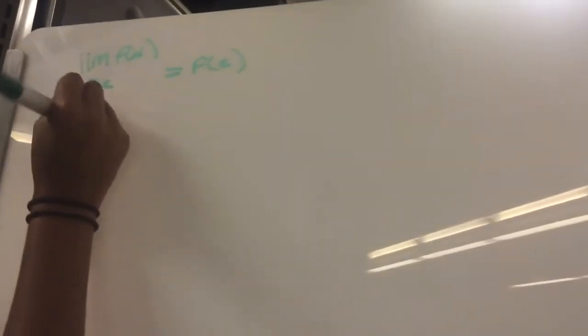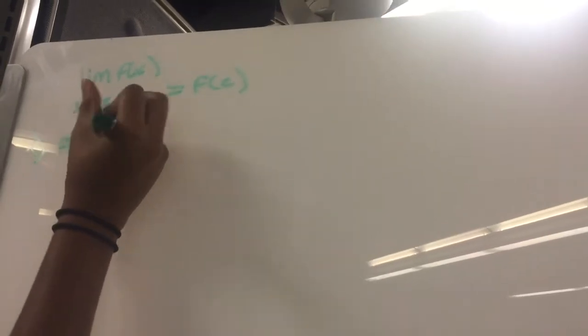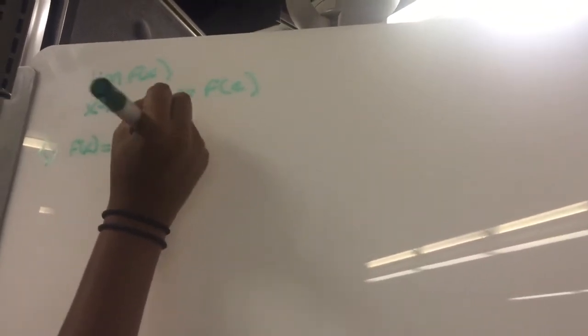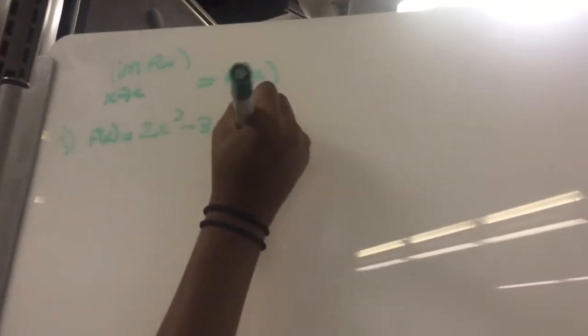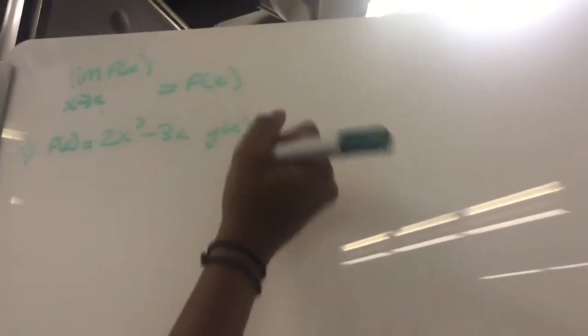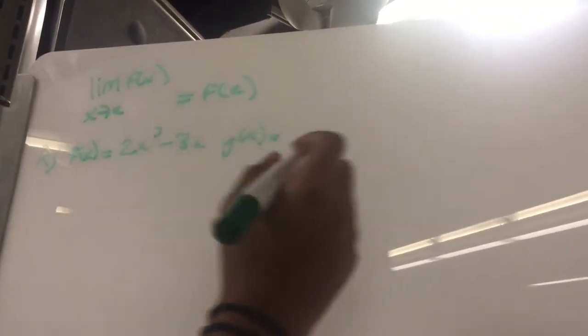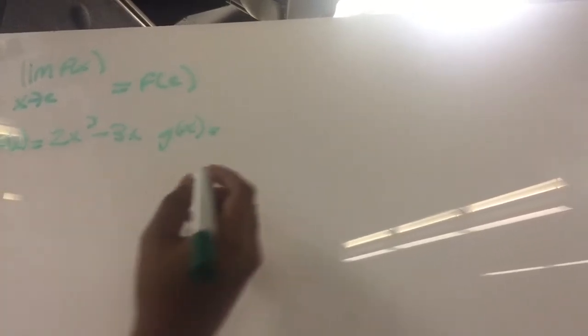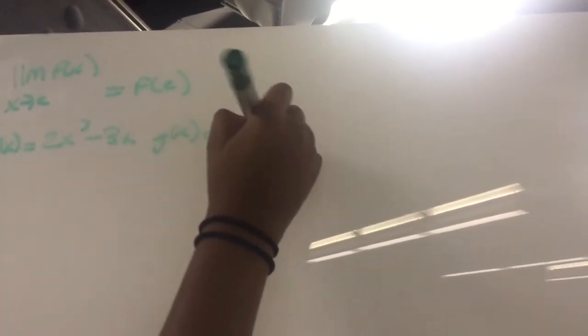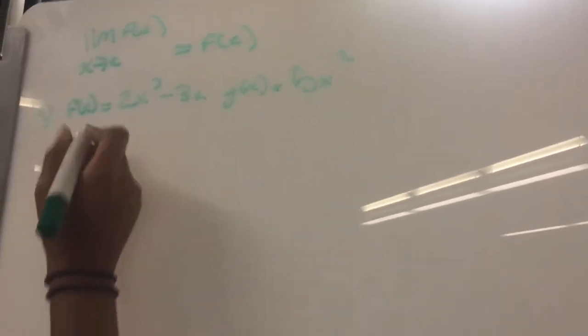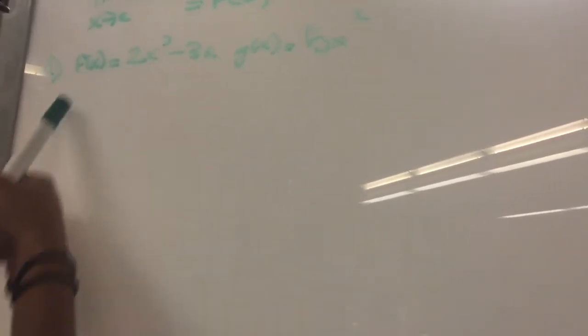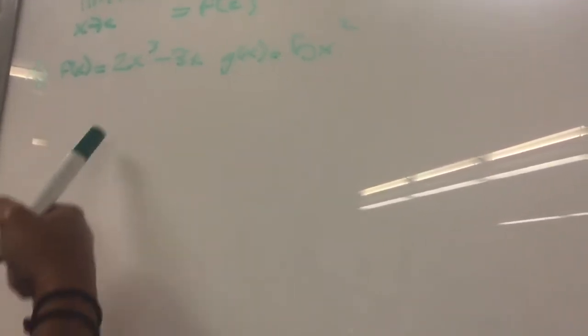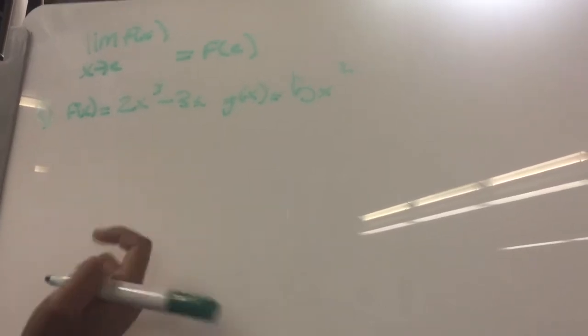So for the first problem they give us, f of x equals 2x cubed minus 3x, and g of x would equal 5x squared. So we have to take the limit of each of these and then see if they're equal to the value when you plug 0 into the function.